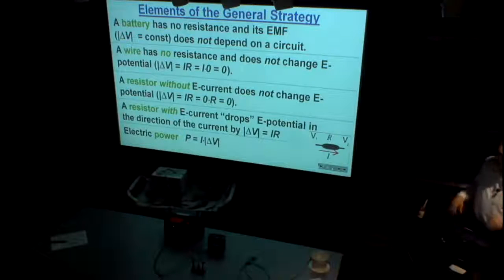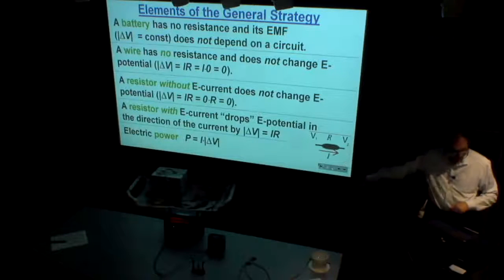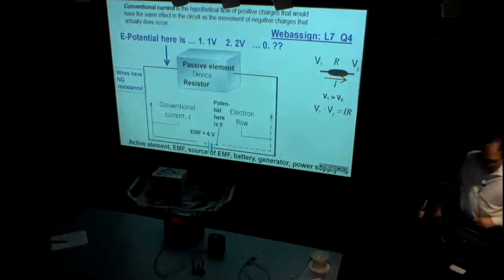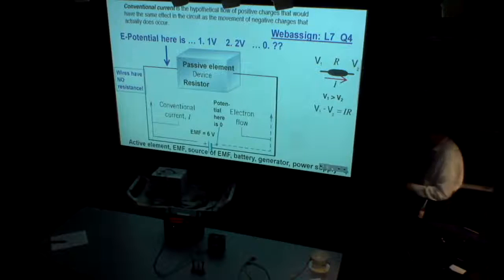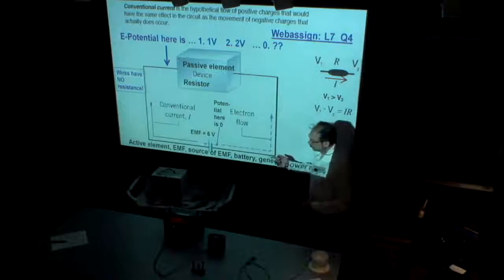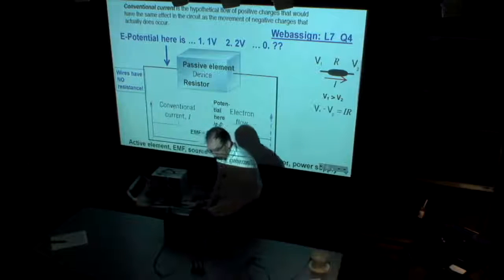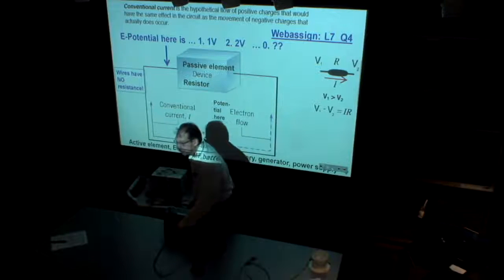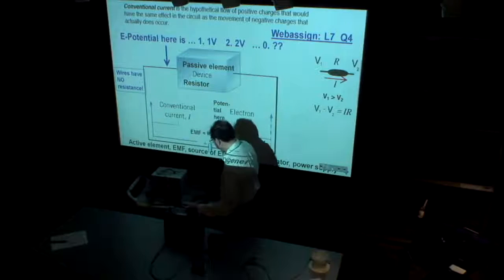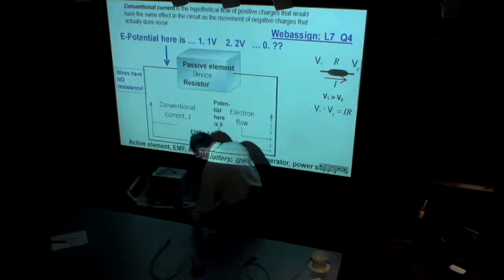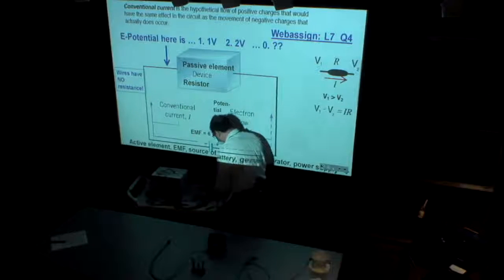So this is the same slide with one additional line about the power. Question. So we have a battery connected to a resistor. In this situation, only one source of EMF and one device which draws electric current.